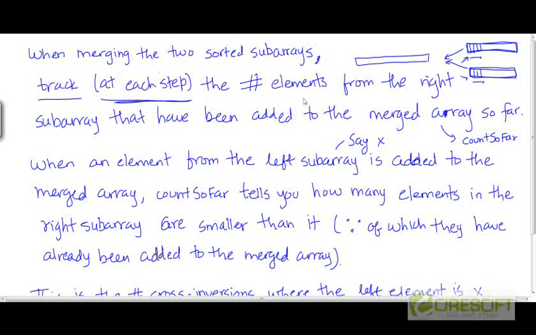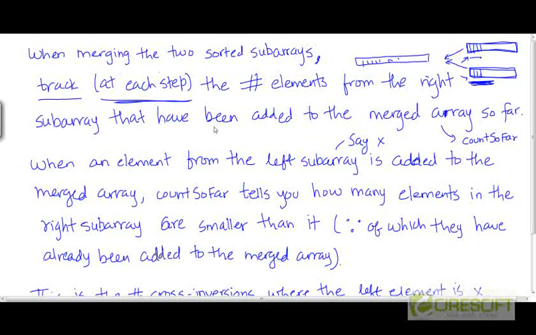At every step we're going to track how many elements from this right subarray have been appended into the answer list. As the merge procedure goes forward, we are going to continuously keep track of that value. Whenever we append an element from the right subarray to the merged array, we are going to increment that counter.